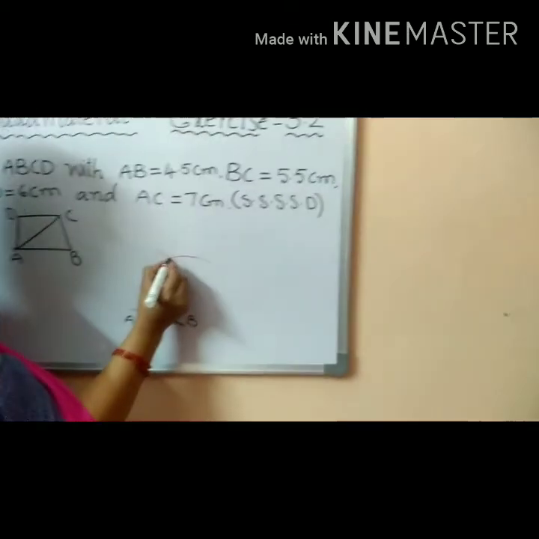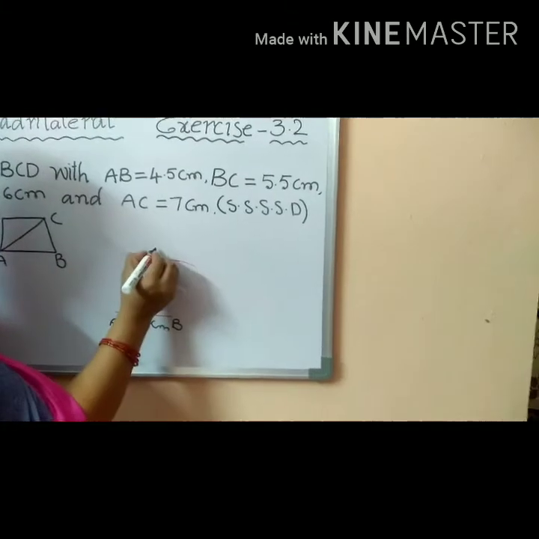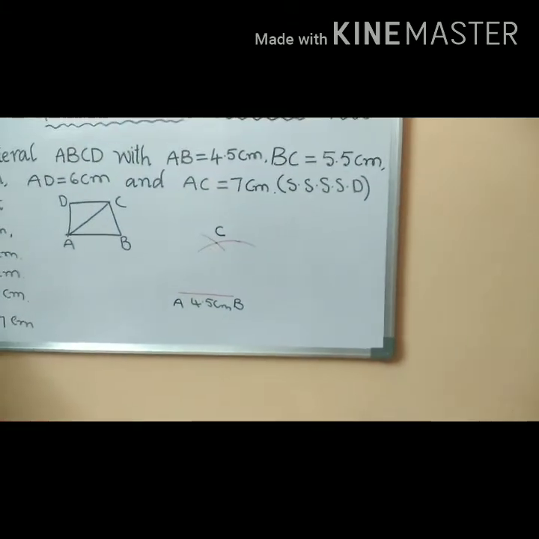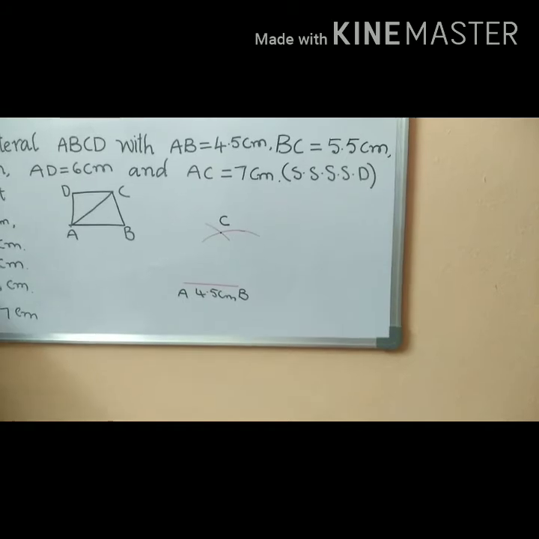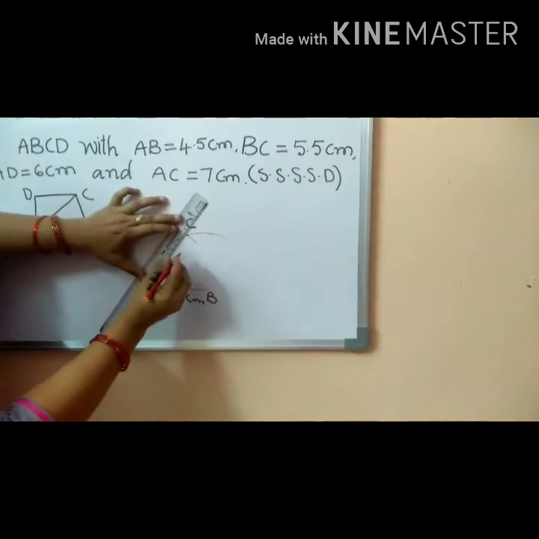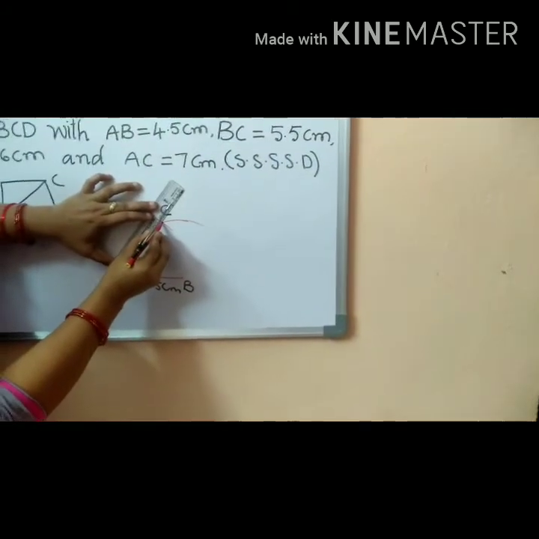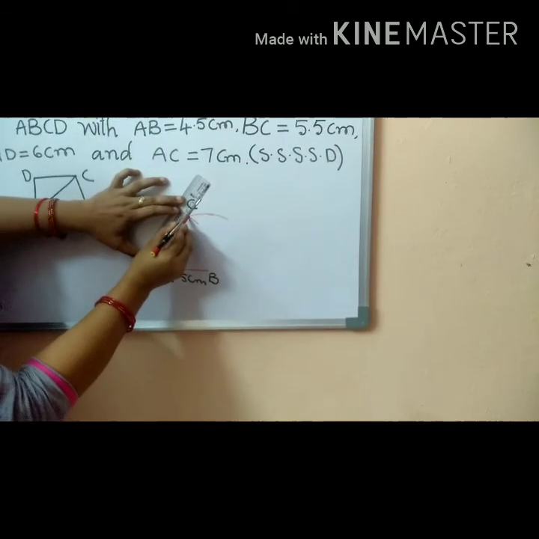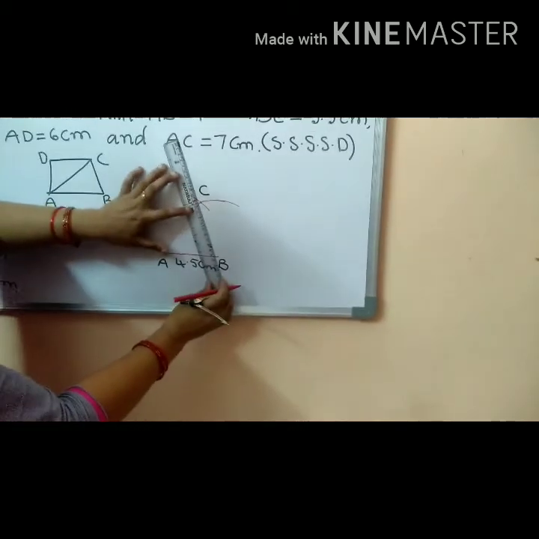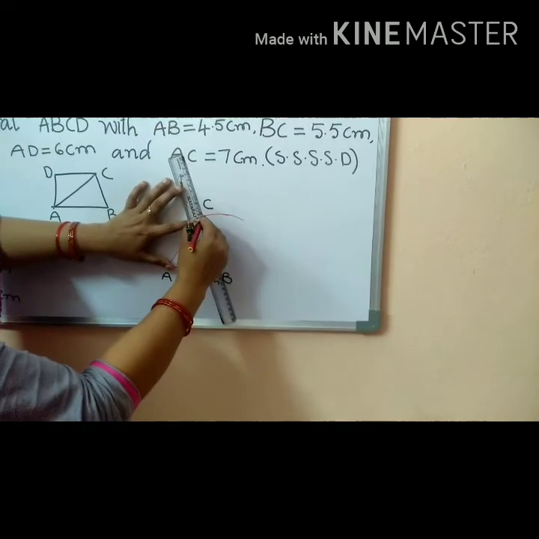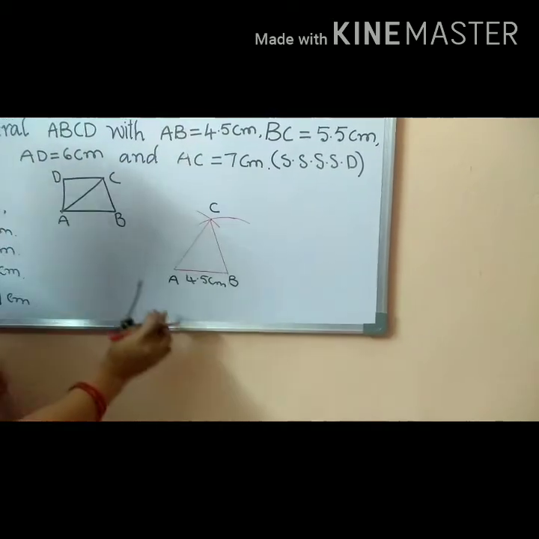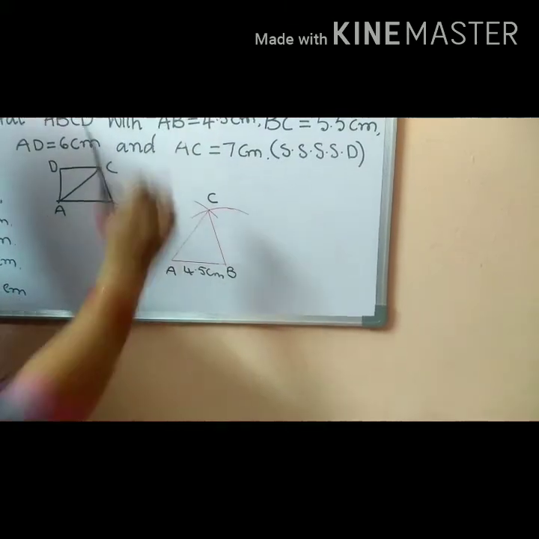That is marked as C. Okay. Now we join AC and join BC. First, triangle ABC is formed.